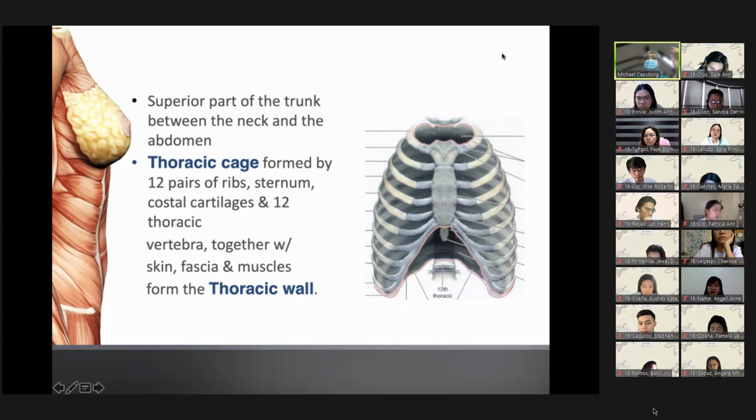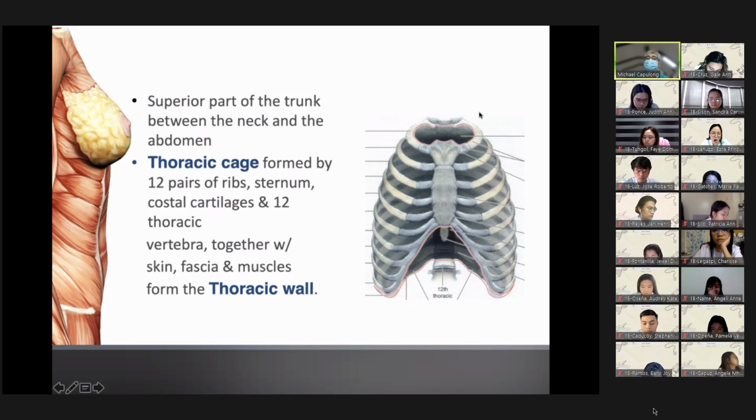Okay. Now, as a review, this is the coverage of your chest wall. So you see on the right, the bony enclosure of your thoracic cavity. And this is primarily made up of your thoracic cage, and this is formed by the 12 pairs of your ribs.